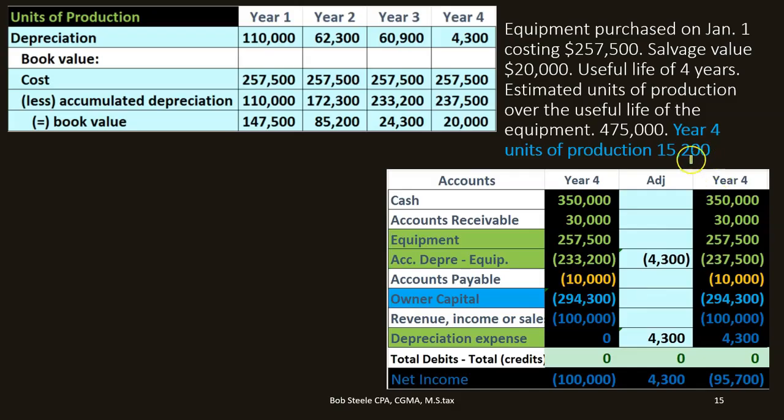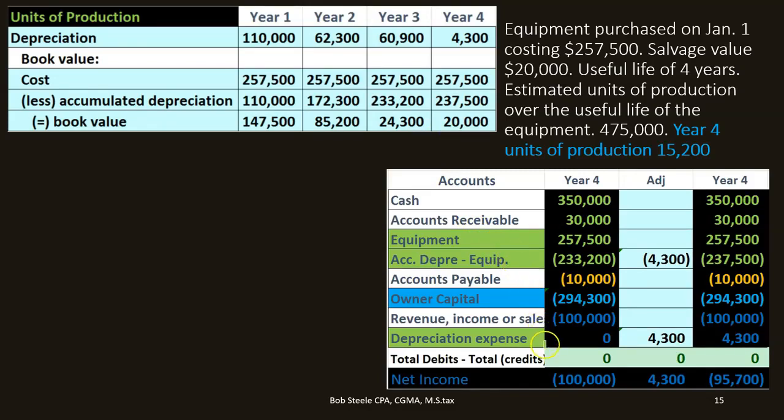So now if we look at posting this final year, we can take a look at our trial balance and notice once again we are in year 4 before we do the adjusting entry process, being recording the depreciation expense. We have the equipment on the books at 257.5 less the accumulated depreciation of 233.2, and that will give us a book value of the 24.3, which is where we left off at the end of year 3 in terms of the equipment and the accumulated depreciation account.